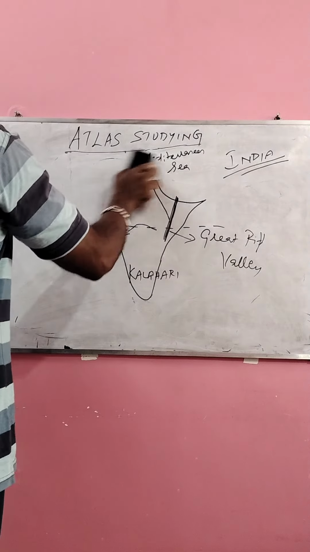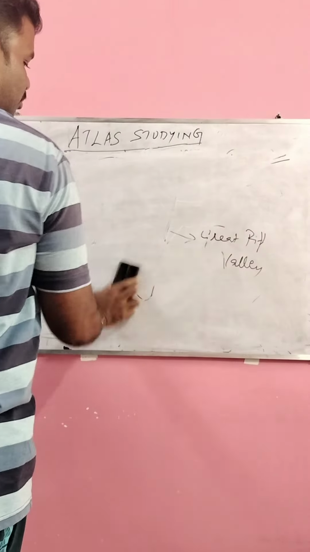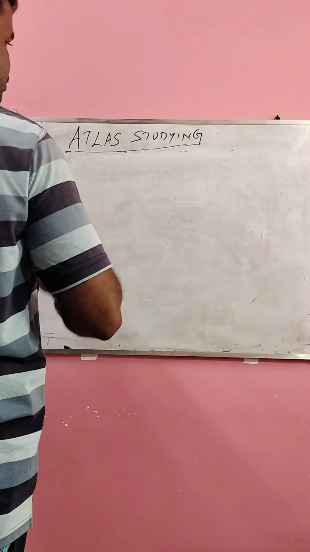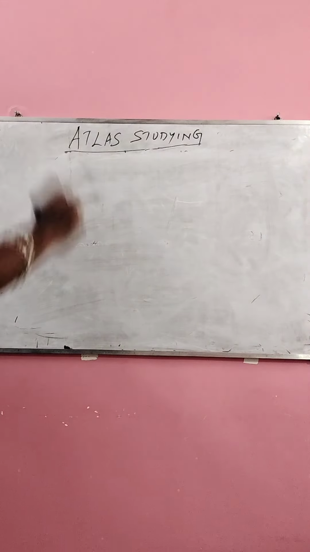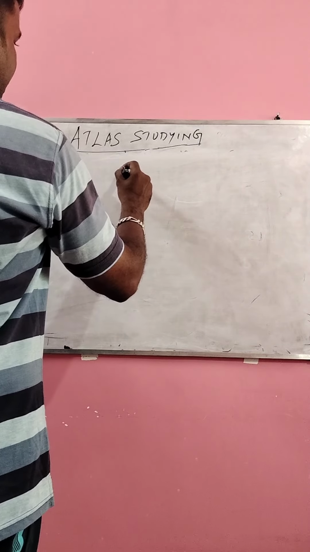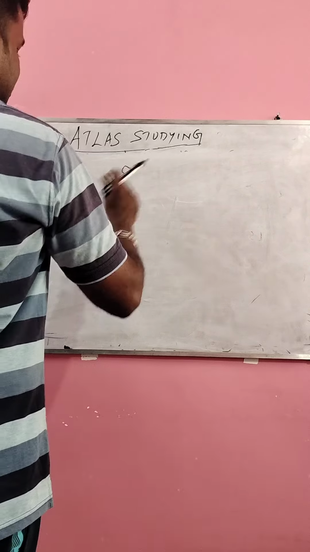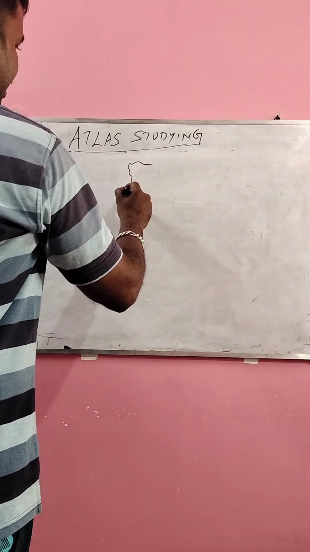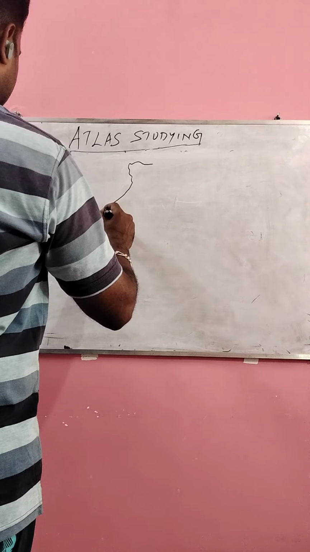Similarly, I should study political geography for both Indian geography and world geography. When you start political geography for Indian geography, first map all the states in India first. Draw the overall map of India and mark all the states.